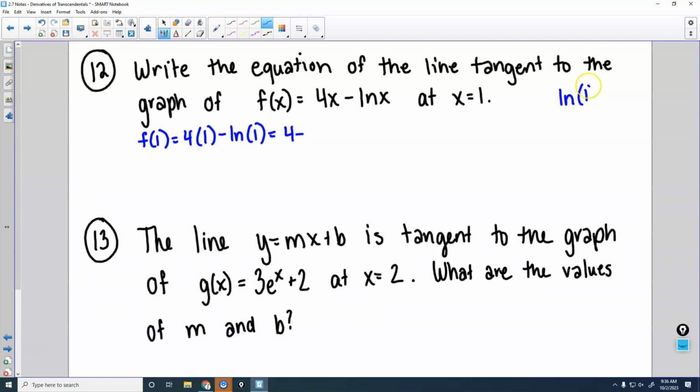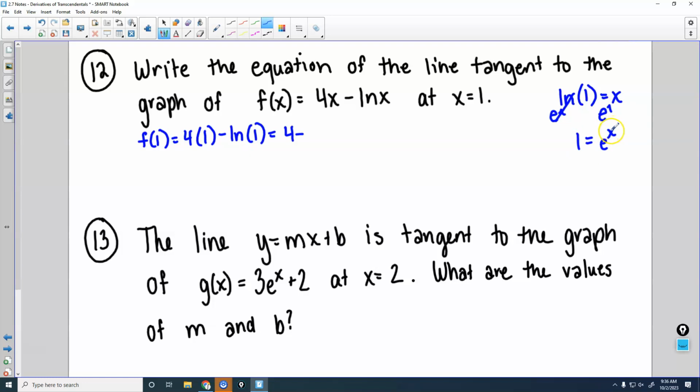Let's think about this. Natural log of 1 equals, we don't know, we'll call it x right here. We're trying to do this without a calculator because a lot of the times this stuff happens to be on a calculator inactive section. If I want to get rid of a natural log, what do I do? e to the power, right? So 1 equals e to the x power.